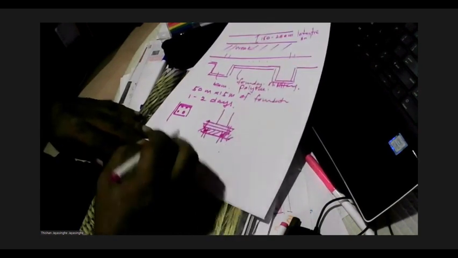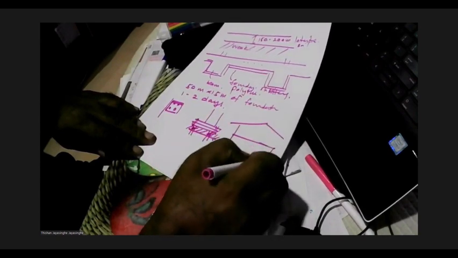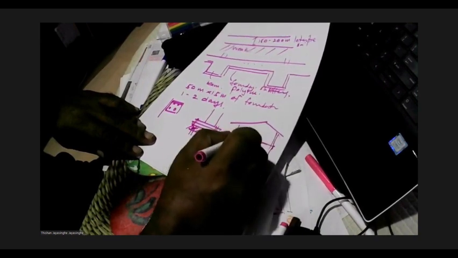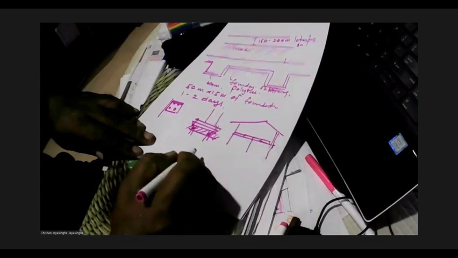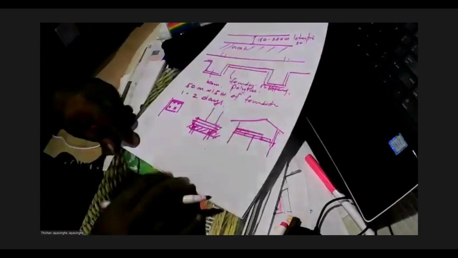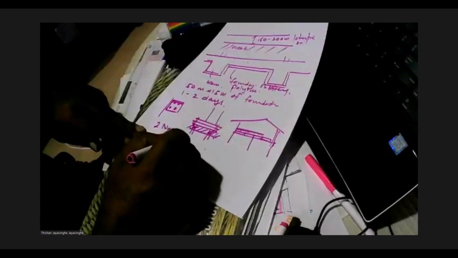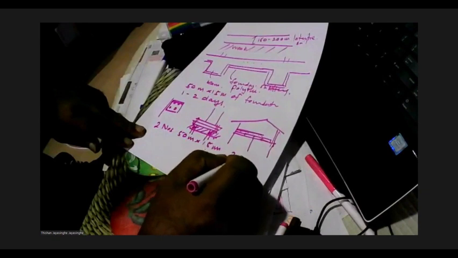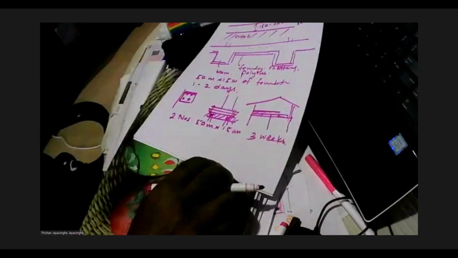So this way we were able to get all these erected pretty fast, and then the moment the frame is there, we place the slabs, and then immediately you can place the screed. So we achieved 2 buildings of 50 meter by 15 meter in about 2 weeks, or say 3 weeks. Very fast construction.